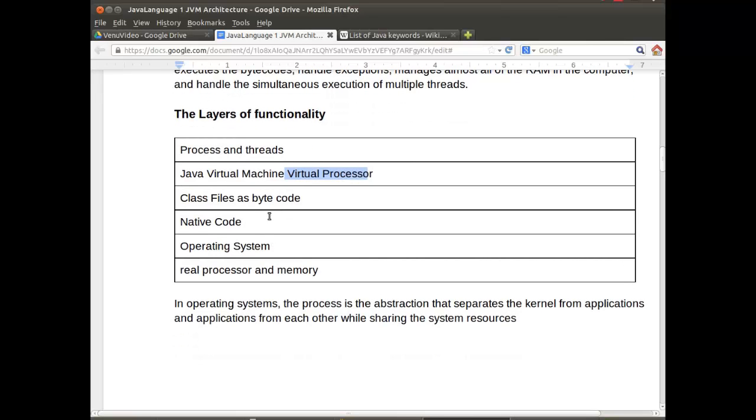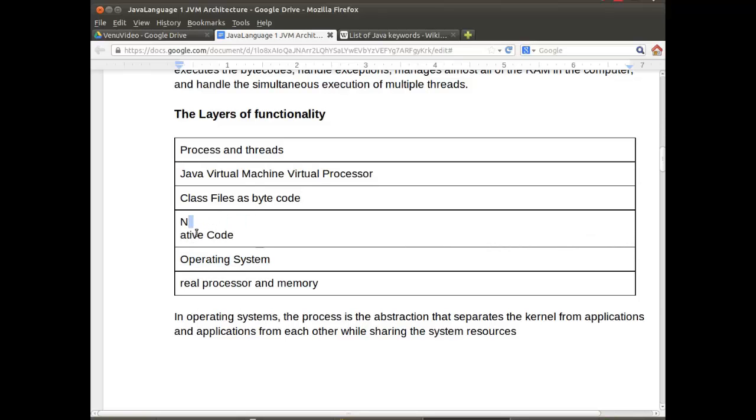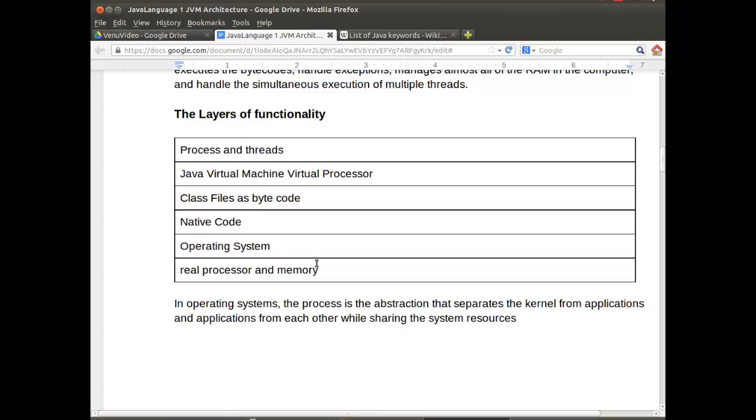Then below this layer we have the native code. The native code is the real code that the real processor runs. The operating system is the kernel. It is the system that provides the instructions to the real hardware to interpret the native code of a program. And below this layer we have the real processor and memory.